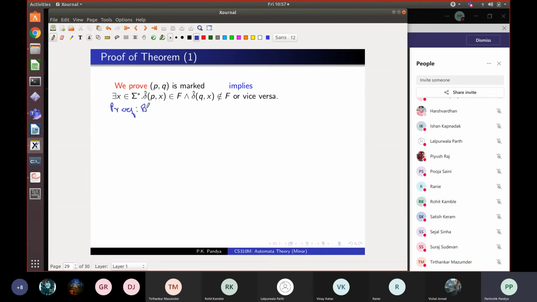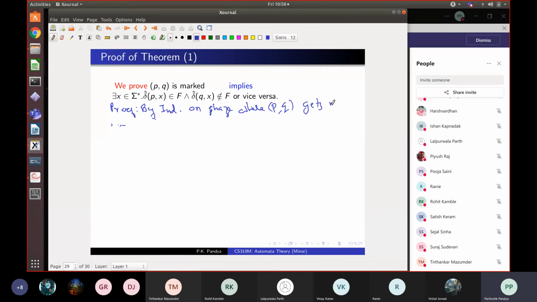Proof is by induction on word X. What does that mean? As the first step, we do a base step. We assume that my string X is epsilon. I'm sorry, I'm making it by induction on the phase where the pair gets marked.